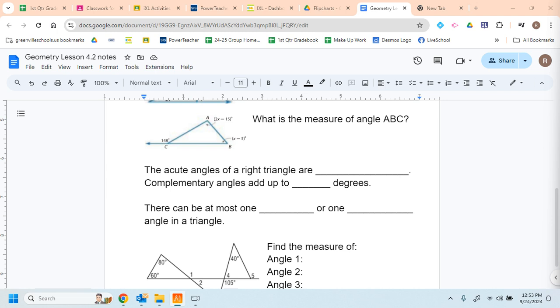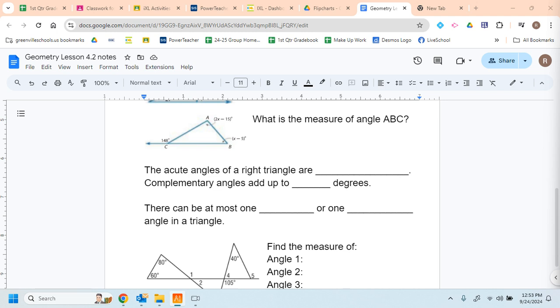Knowing that tells us two different angles, because we know that this is 75 as well, because they're vertical angles.